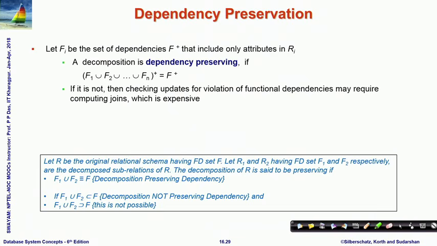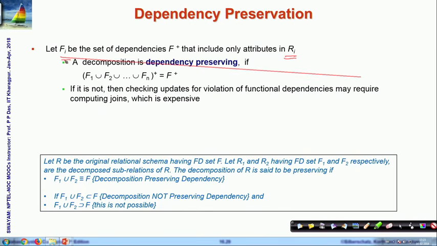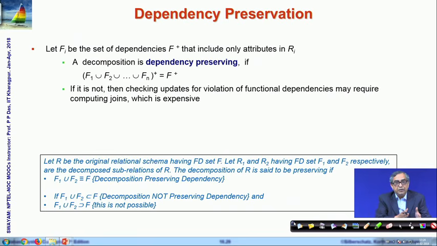So, the decomposed relation R I, the ith relation, will have a set of dependencies F I, which is a subset of the original set F, and involves only the attributes which exist in R I. So, the decomposition will be said to be dependency preserving if I can take the union of all these functional dependencies projected on R 1, R 2 and R n, F 1, F 2, F n, and that union and F must be equivalent sets, which we know is the requirement. Equivalence means that their covers will have to be equal.